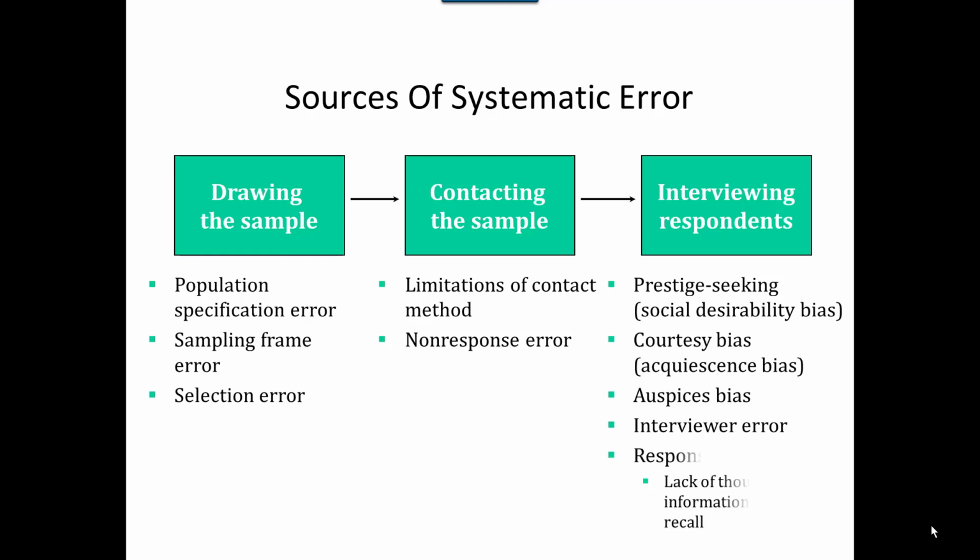Response error refers to inaccurate responses given by respondents due to lack of thought, lack of information, inability to recall, or simply misunderstanding the question. This type of error is usually caused by poorly worded questions that don't take into account the respondent's difficulty in understanding and responding to the question.